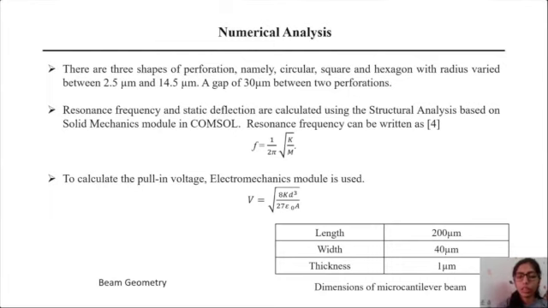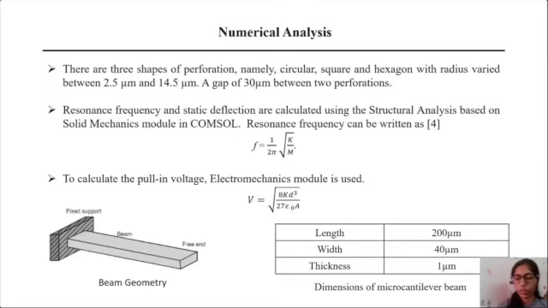Using the structural analysis in the solid mechanics module in COMSOL Multiphysics, resonant frequency and static deflection are calculated for the beam, and to calculate the pull-in voltage, the electromechanics module is used. The table here shows the dimensions of the microcantilever, and on the left side we can see the beam geometry.